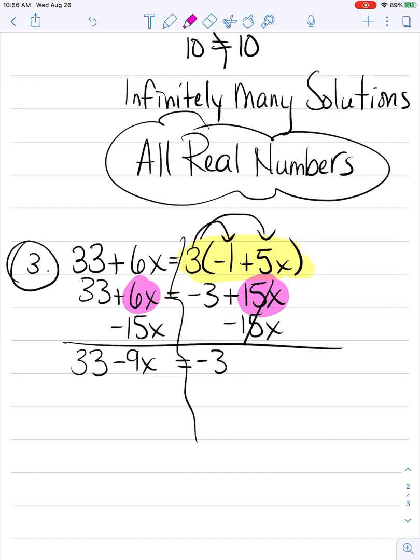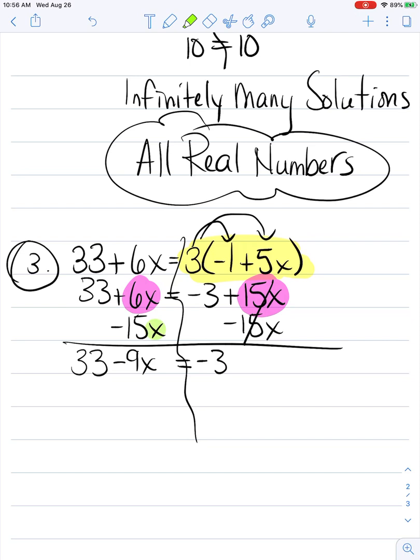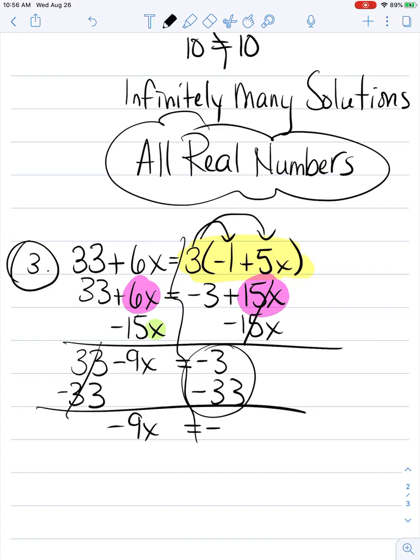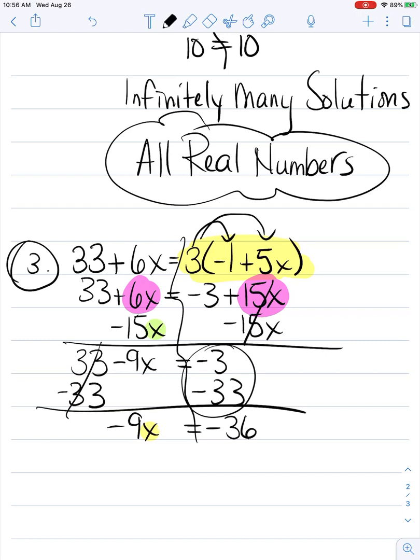I still need to isolate that variable. It's a plain old two-step equation like you're used to. So I'm going to subtract 33 from both sides. So we have -9x equals -36, the same signs, so I add those. And again, I still need to isolate that variable. The opposite of times -9 is to divide both sides by -9.